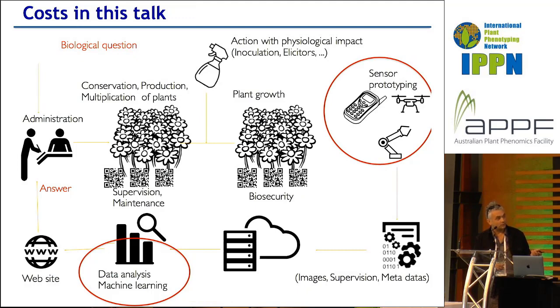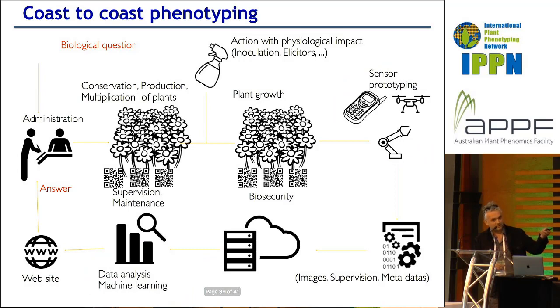In this talk, costs were only discussed in terms of sensor prototyping and data analysis for machine learning. However, coast-to-coast phenotyping, I believe, would be something that takes into account the full phenotyping process as an entire pipeline, taking into account how you produce the plant, how you act physiologically on the plants, ensure biosecurity, protect the data, provide a solution to a website, and so on.